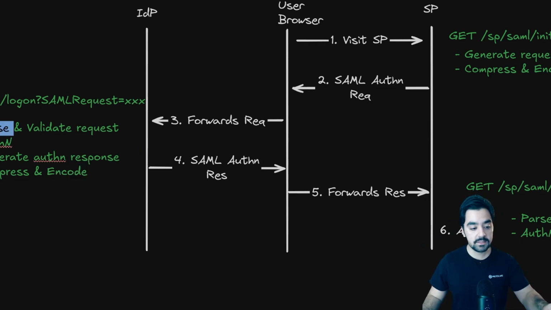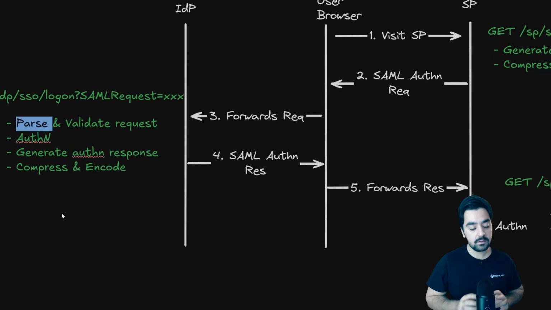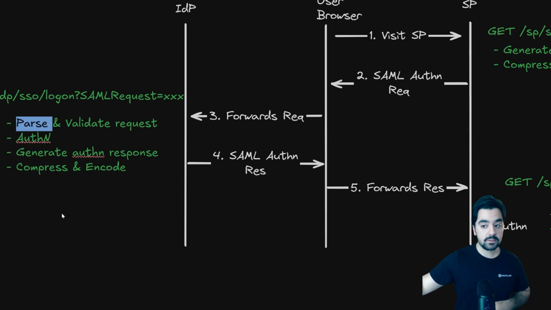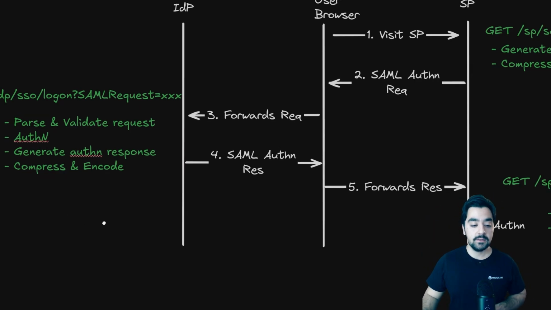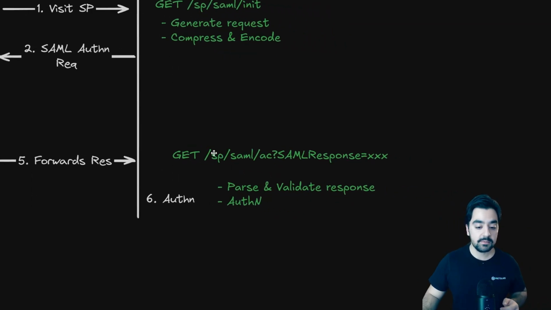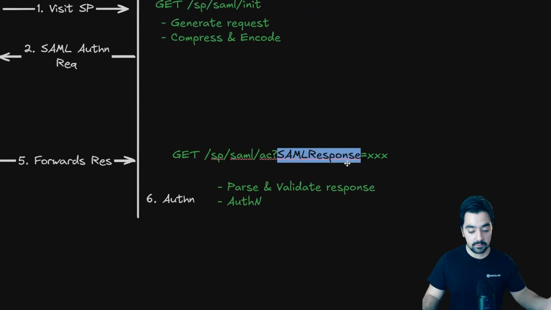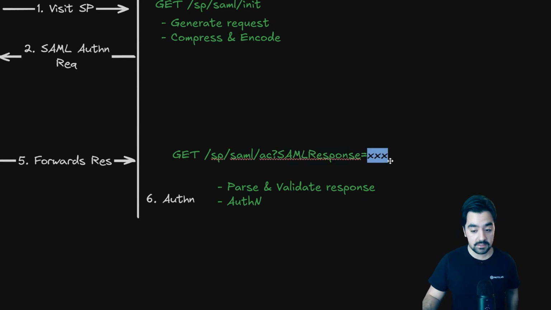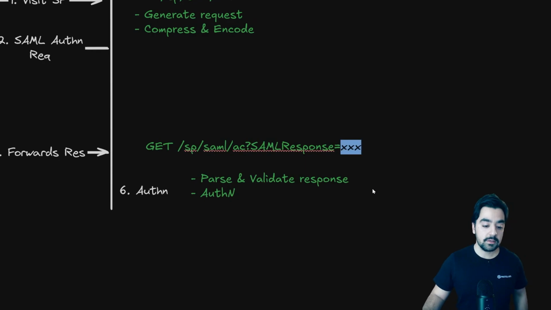In the parsing stage, the identity provider also extracted the assertion consumer URL of the service provider, and then it generates a URL like this: the service provider SAML assertion consumer, and the SAML response, which is the base64 encoded, compressed authentication response.